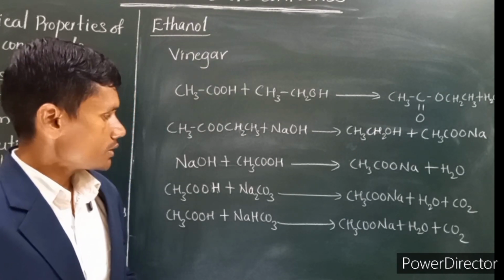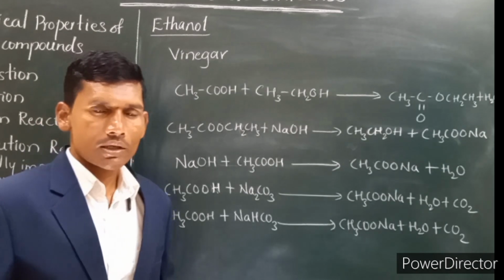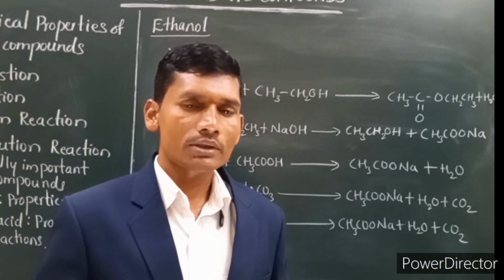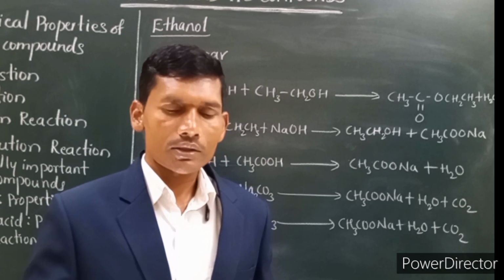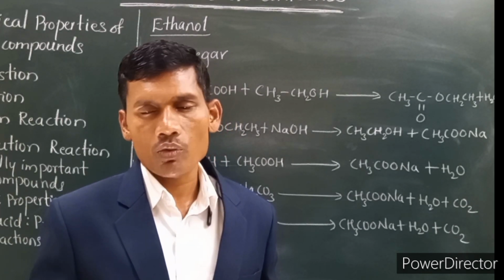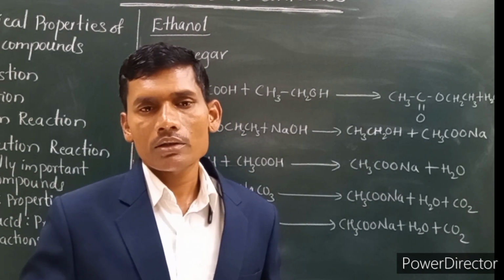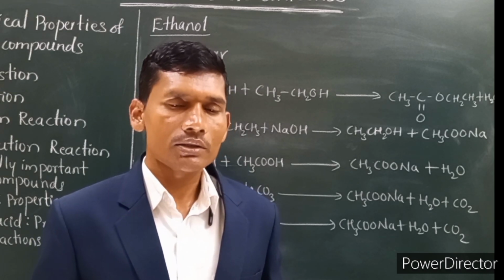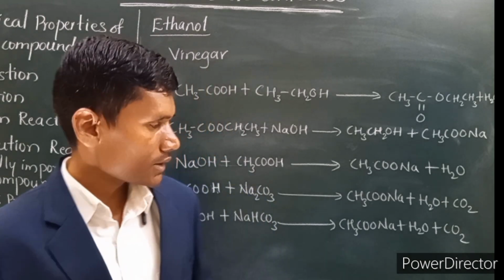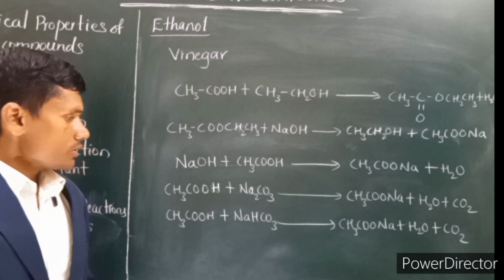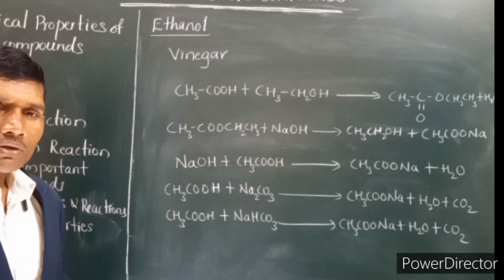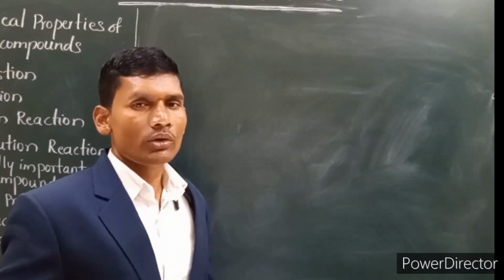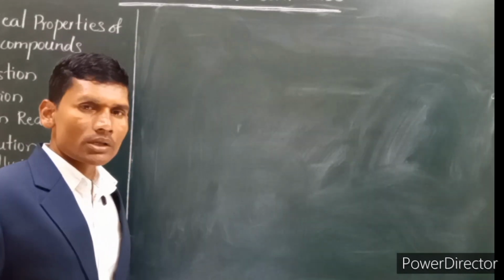Soaps are nothing but long chains of carboxylic acids containing either sodium or potassium, that is, sodium or potassium salts of long carboxylic acid chains. Here, what happens when soaps are treated with water, that we are going to learn. Now let us study what are soaps and what are detergents.